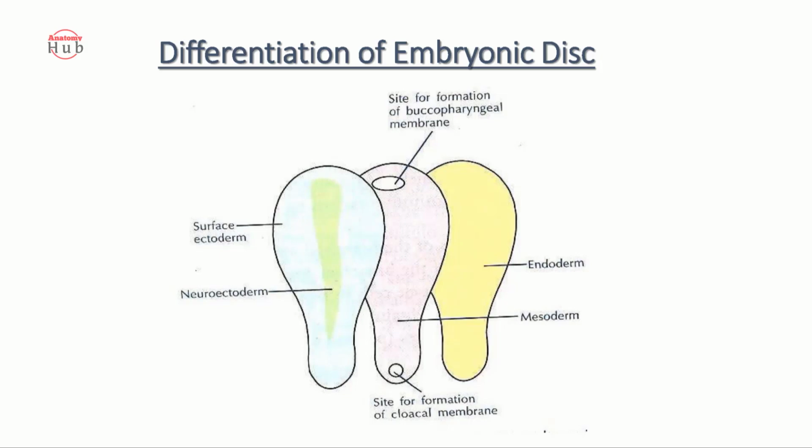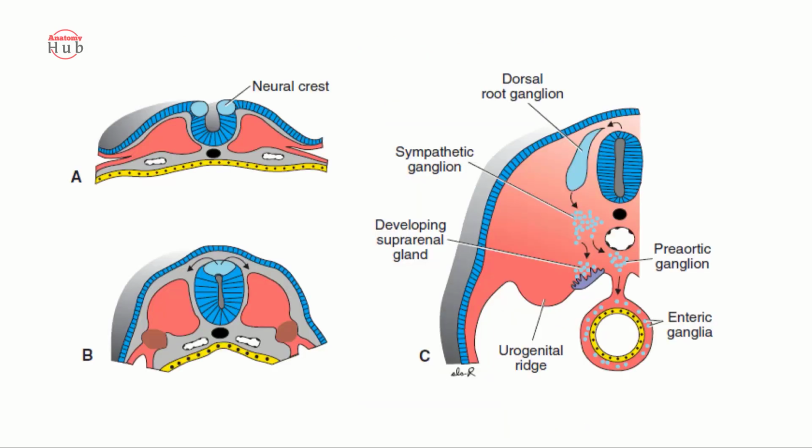In the rest, you will find that the intraembryonic mesoderm has spread, sandwiched between the ectoderm and the endoderm. The intraembryonic mesoderm soon organizes into three elements from medial to lateral side, as paraxial mesoderm, intermediate mesoderm, and lateral plate mesoderm.